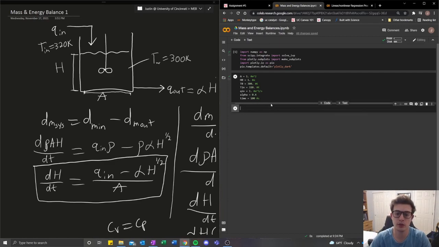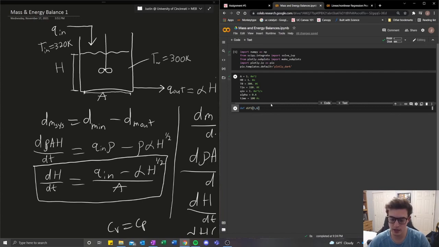So the first thing we're going to need to do is define our differential equation. I'm just going to call this diff1, and we need two parts to this. We need it going through time, and then this arbitrary letter k.